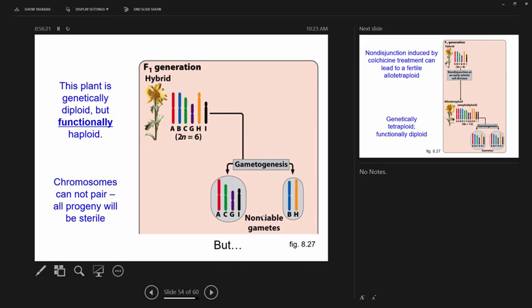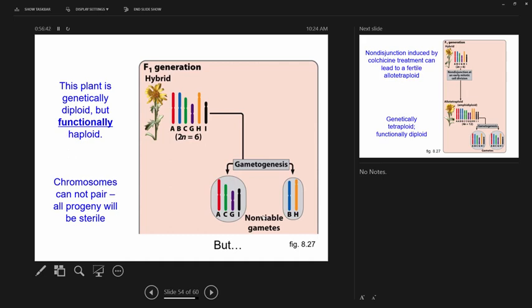So here's the deal. This is a 2n equals 6, and there's another 2n equals 6. I can't remember which has more and which has fewer, but I think with the mule, one of the horse or the donkey has 2 extra chromosomes.